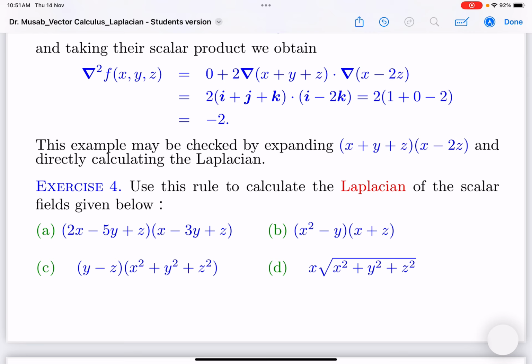I think the simplest might be B, maybe. A, B, C are quite the same. Okay, I take question B.